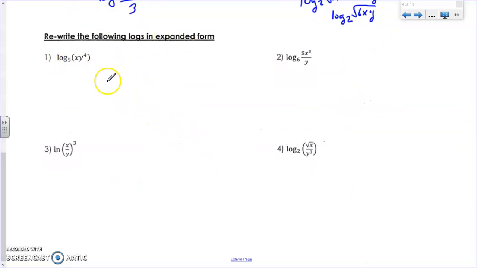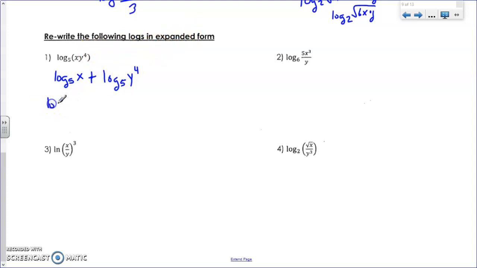Okay, so first of all, we're multiplying here. So this would be log base 5 of x plus, because when you multiply, we add, log base 5 of y to the 4th. Okay, so that took care of the multiplying. Now we need to take care of this exponent. You can't have any multiplying, dividing, or exponents in your final answer for it to be expanded.